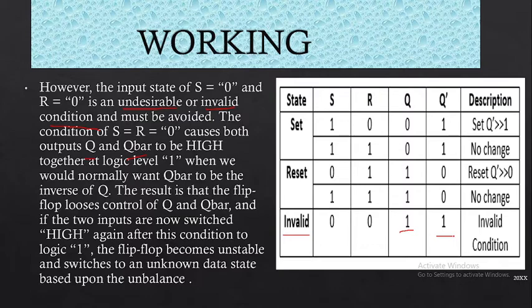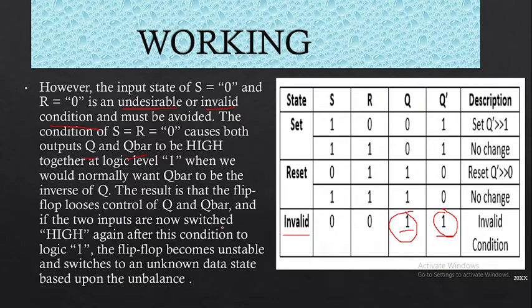I will not say impossible, but it should not happen, because Q and Q bar are complements of each other. That means Q should be the opposite of Q bar. If Q was 0, Q bar should become 1, and vice versa. So they cannot both be the same simultaneously.